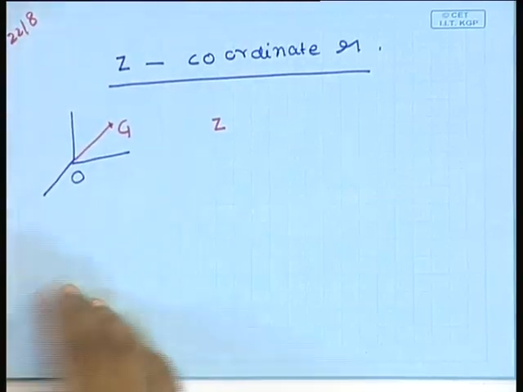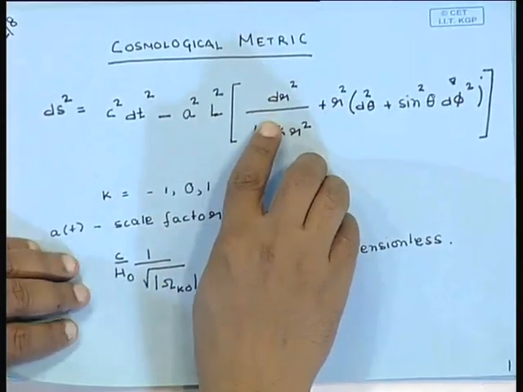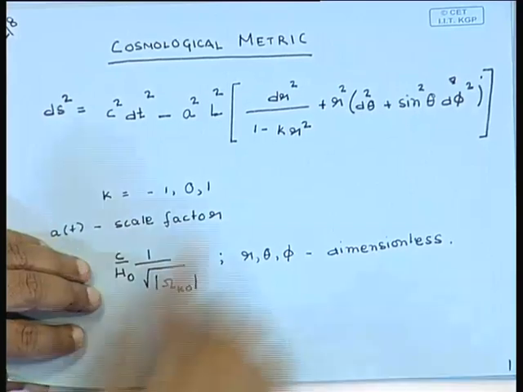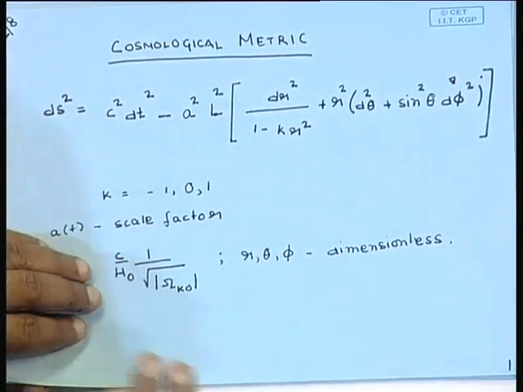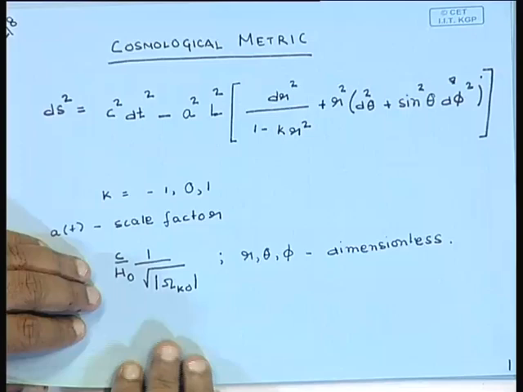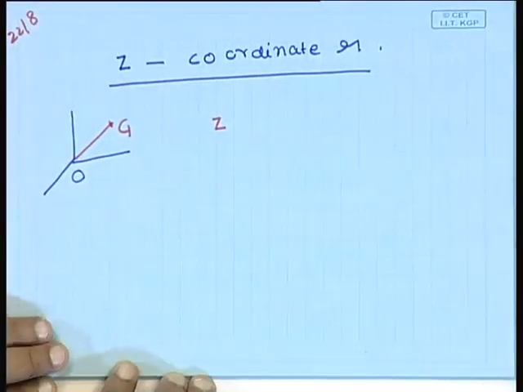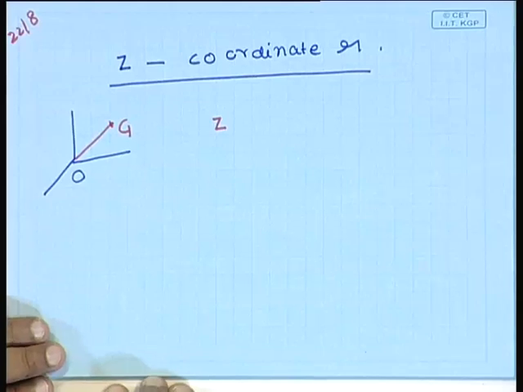So, we would like to know the value of r corresponding to this galaxy. Once you know that, you can determine both the co-moving distance and the proper distance. So, if I know the redshift z, how can I calculate the value of r? That is the question that we are addressing.